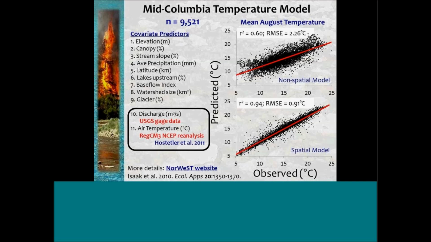And then we use air temperature anomalies that come out of Steve Hofstetler's RegCM3 NCEP reanalysis, because he's got all that stuff on a website and it's easy to pull down and use. It's much more convenient than working off of the individual climate stations because he's already built an air temperature model that interpolates between all those air stations.